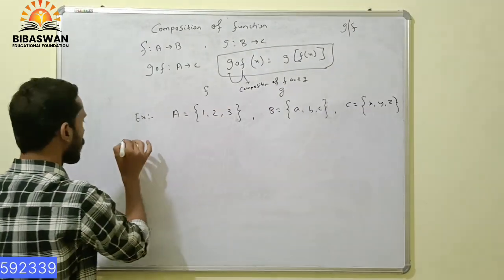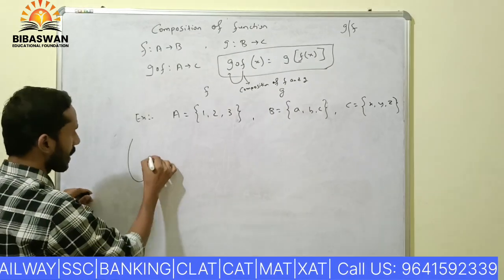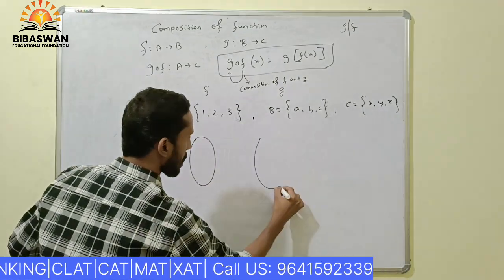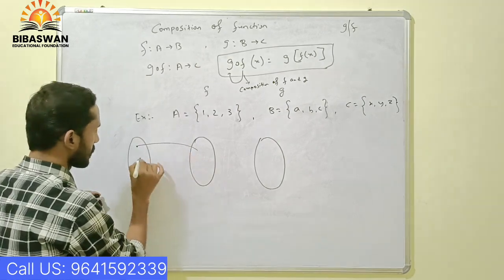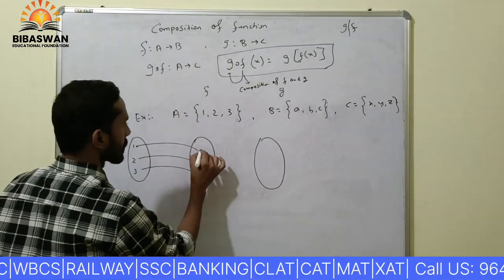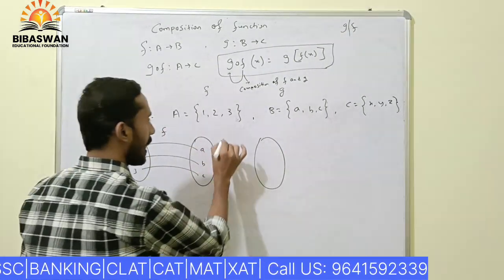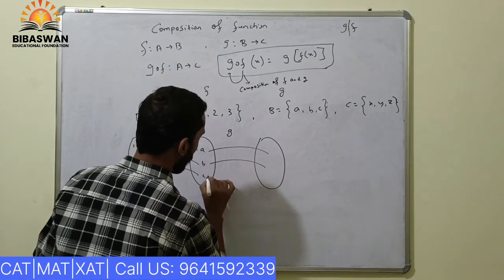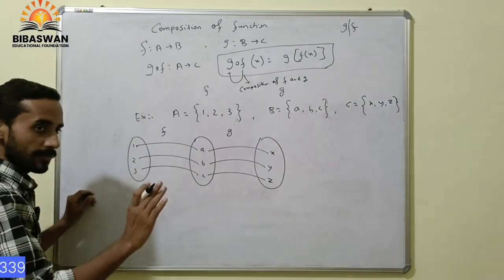Okay. Now according to function F, we can make an arrow diagram here. Under F, 1, 2, 3 are connected with A, B, C, and under G, A, B, C are connected with X, Y, Z. Understood here?